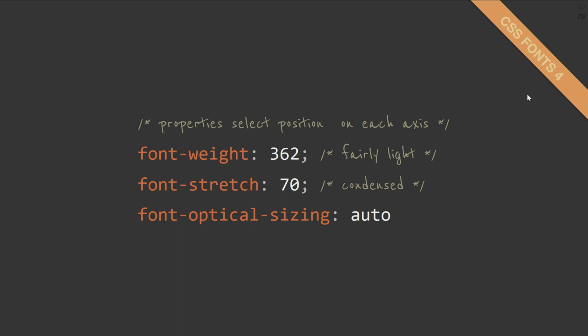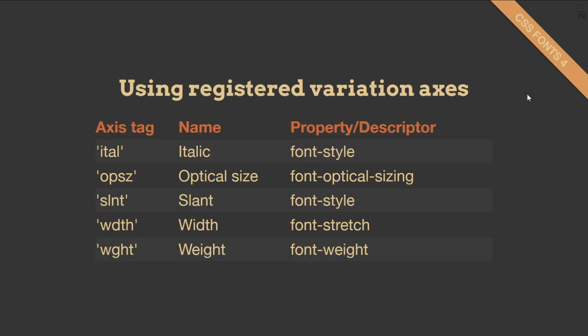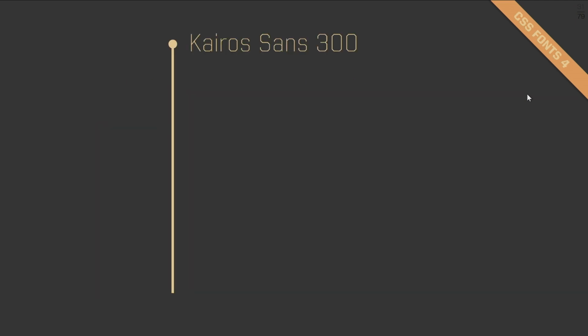And this is much more convenient than the raw OpenType things, because you don't have to look in a particular font. You just use numbers that are the same for all fonts. So there we are. That's the same table you saw before, but now with the properties and also the descriptors that correspond to them, font-stretch, font-weight, etc., the stuff you already know.